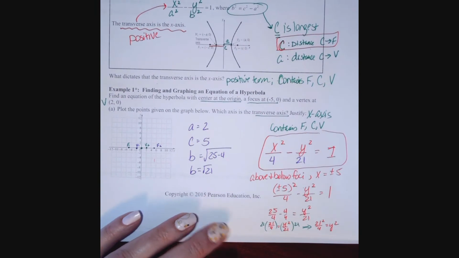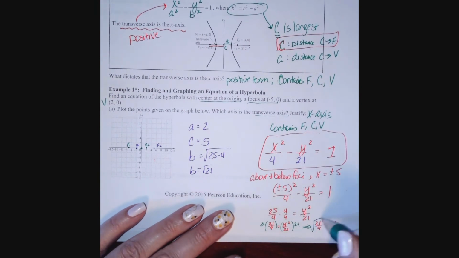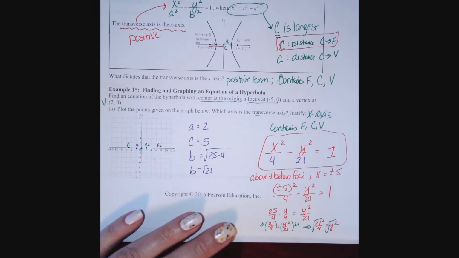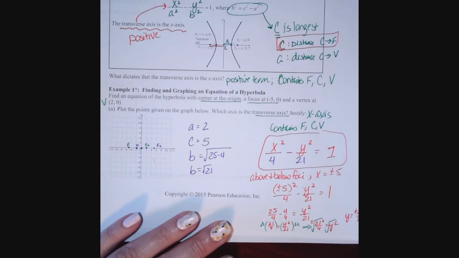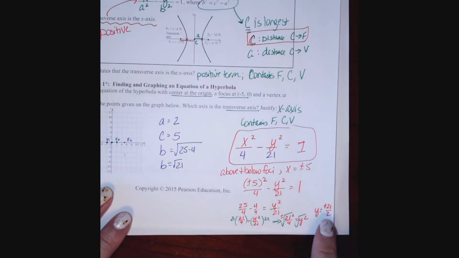And when I take the square root of all of that, plus or minus the square root, I come up with y values equal to plus or minus 21 halves. So 21 halves is going to be 10.5.